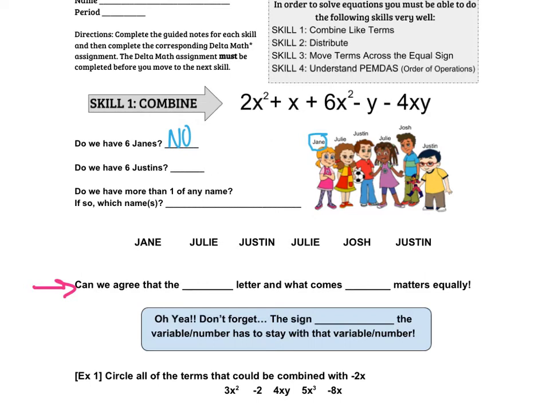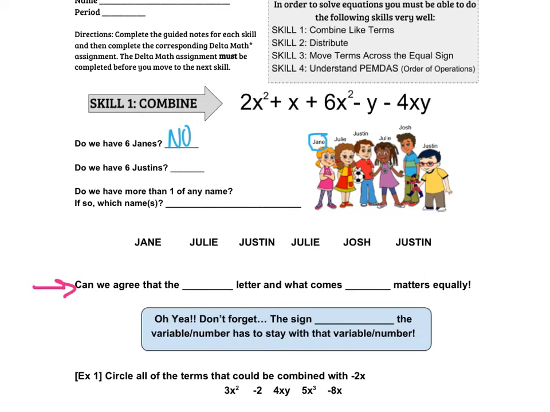Just because there's a Justin, do I have 6 of them? Well, no. Again, that's a silly question. So we know that we can't just go off what the first term is and combine everything, and we don't just get to choose a random term or random person in the middle and combine everything with that. So there's got to be some order or some ground rules to what we can combine and what we cannot combine.